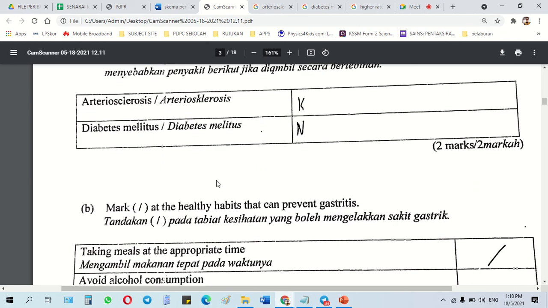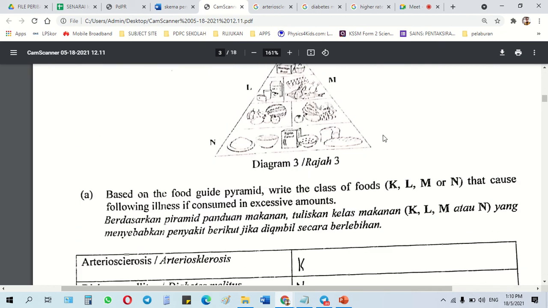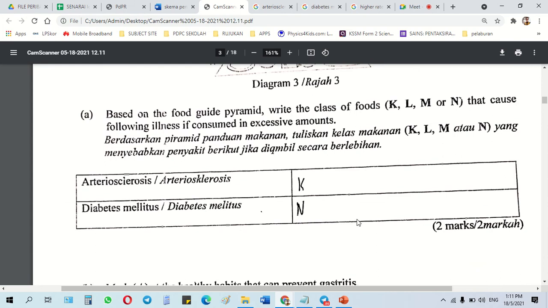Okay, we continue. So diabetes mellitus yang bawah ni lah. Kalau terlalu banyak ambil karbohidrat, so lastly nanti boleh jadi diabetes mellitus. Sebab apa? Sebab kita perlukan sikit saja. Kalau you consume excessive amount of carbohydrate in your body, so apa yang akan jadi?